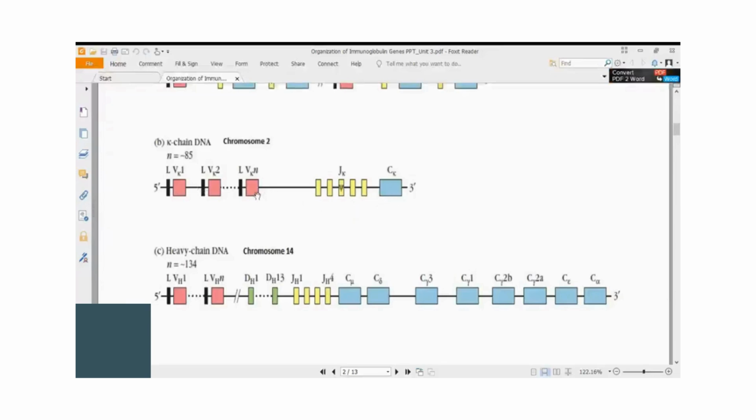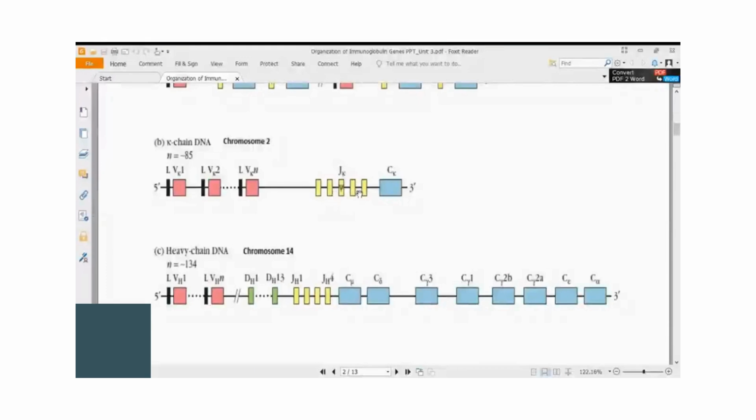Now, in between the constant region gene and the variable region gene, there is a gene segment called J. J is for joining or junctional segment. There are in the kappa chain 5 J genes, J1, J2, J3, J4, J5. Joining segments, 5.